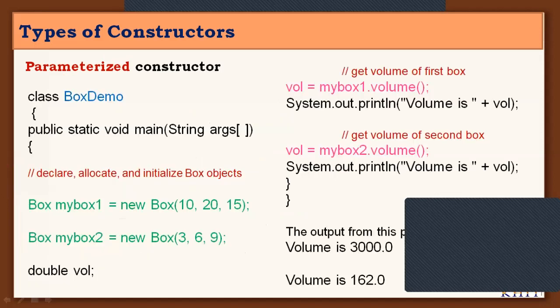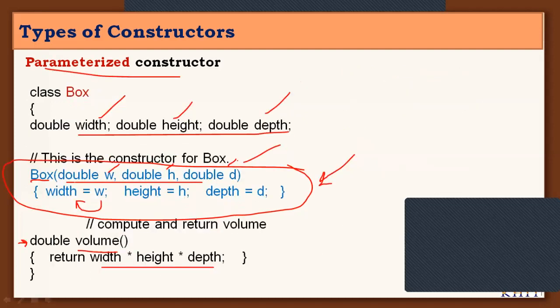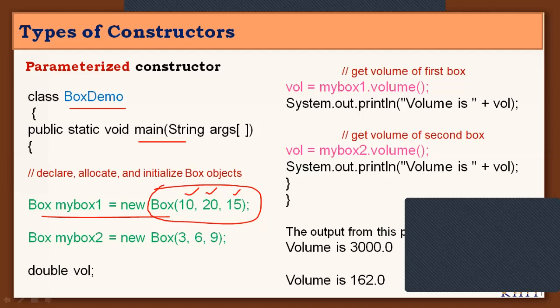Coming to the main function, in class BoxDemo, inside the main function, I have created one object. If you observe here, when we are calling the constructor, we are passing 3 values. This constructor expects 3 parameters when it is invoked. This is the syntax for invoking the parameterized constructor to create an object of the Box class.